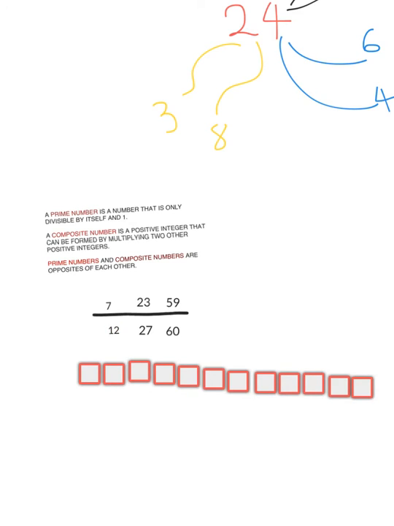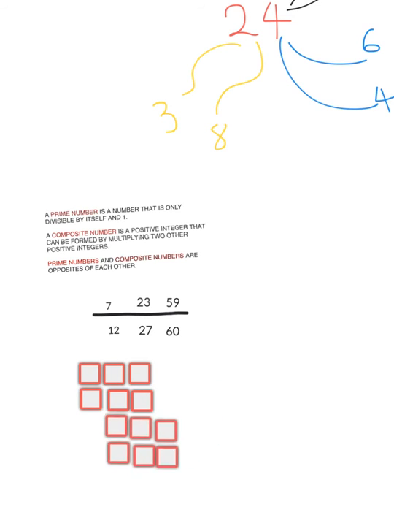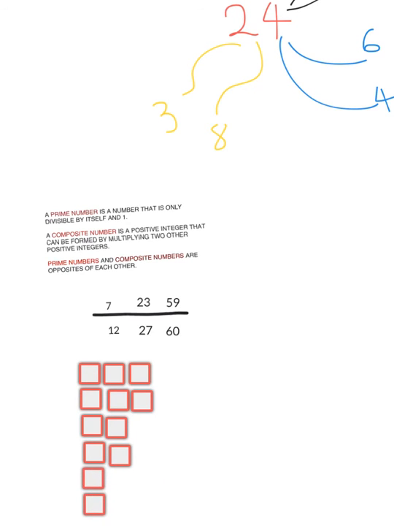But reminder that a composite number has other positive integers it can divide into. So a 12, for example, can split itself into 2 groups of 6, 4 groups of 3, or even 6 groups of 2.